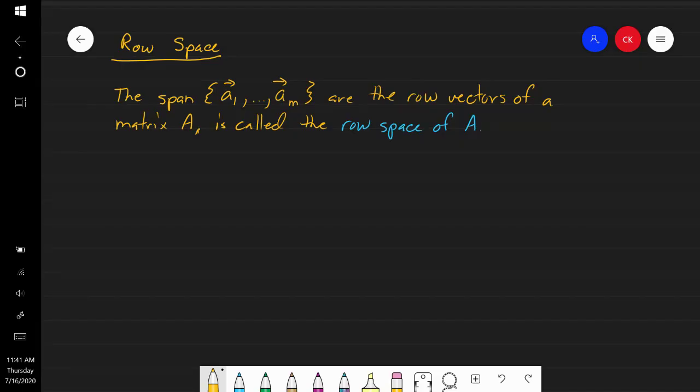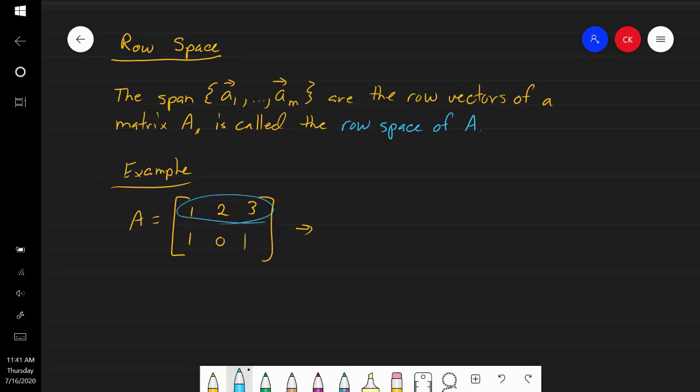And just a quick example here will give us what we want out of this. So we'll take A to be equal to just a simple matrix 1, 2, 3, 1, 0, 1. And again, we're looking at this from the row standpoint now. So this top row and this bottom row are what we're looking at as the vectors horizontally instead of vertically like we have been.